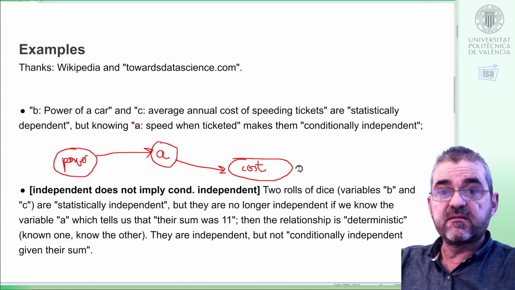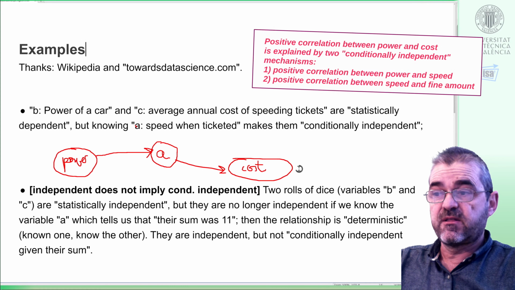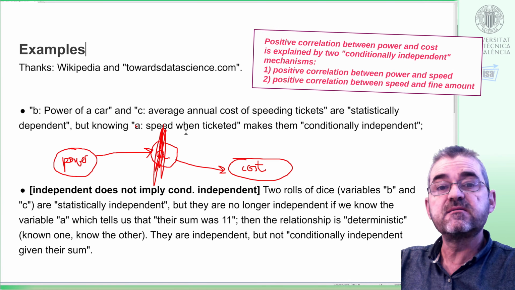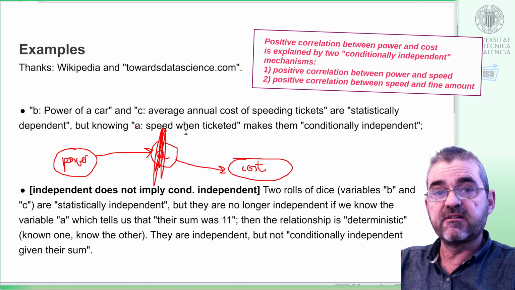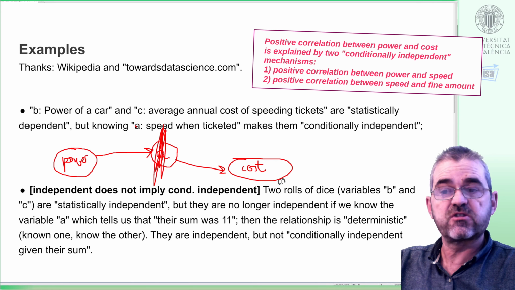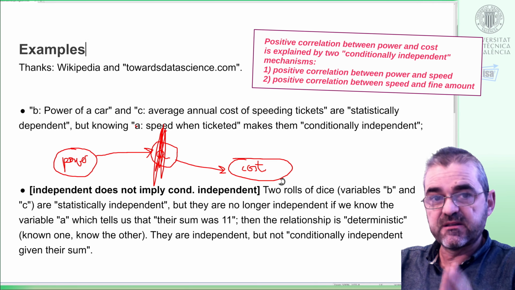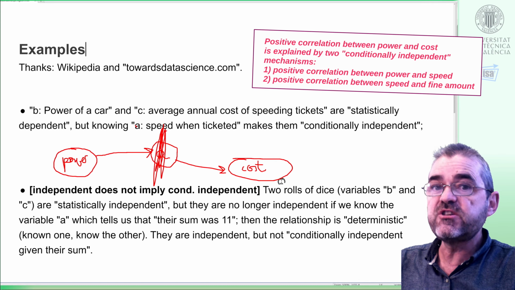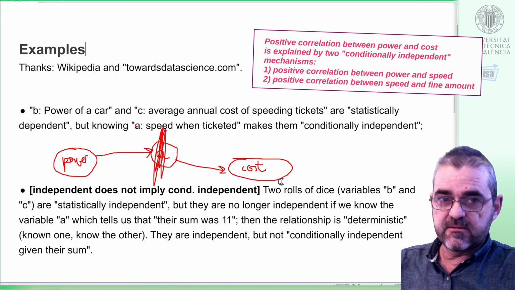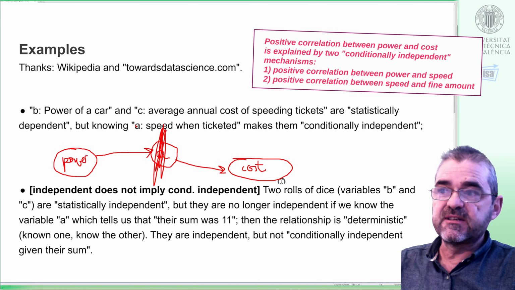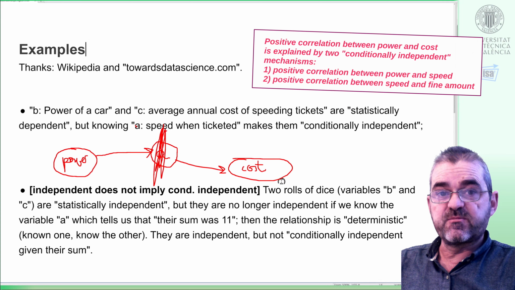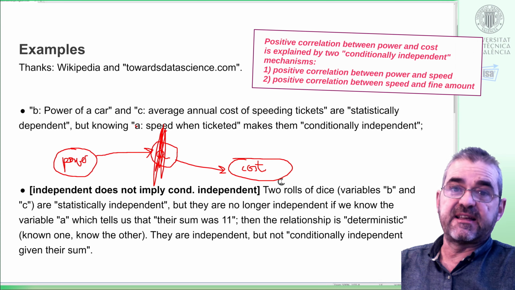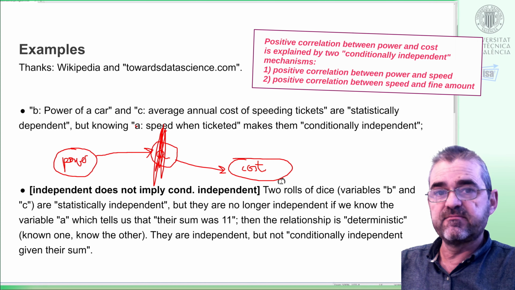So with this diagram, we understand that if I know A, then I can split my reasoning about the statistical relationship between power and cost of my speeding tickets. I can split it into independent, I mean formally into conditionally independent phenomena. The first phenomenon is that high power makes me likely to drive at a higher speed, so power and A are correlated.